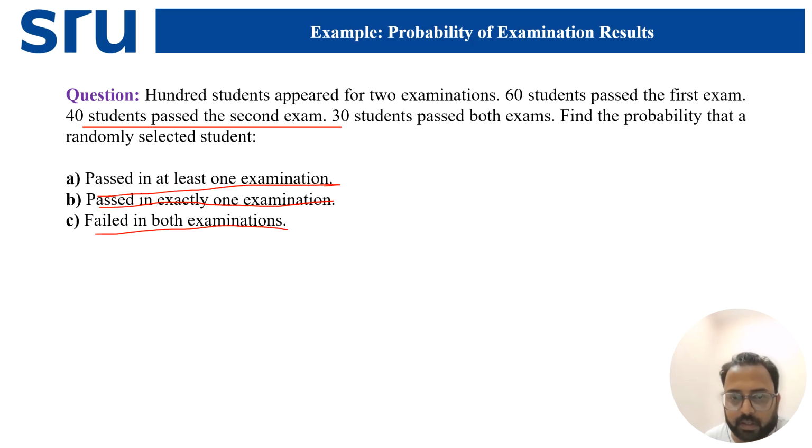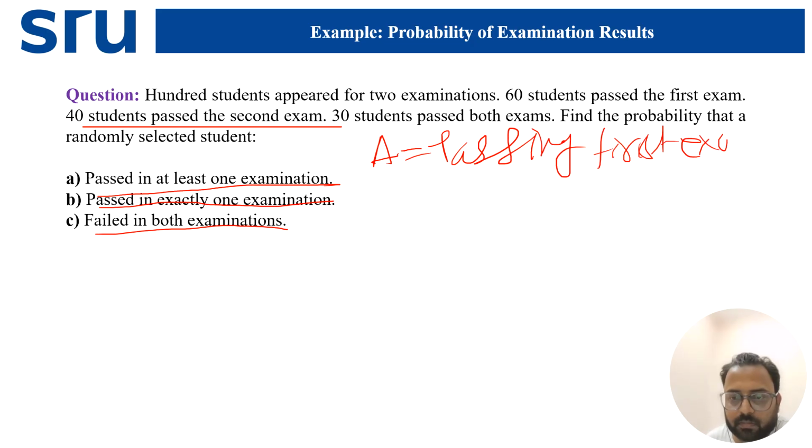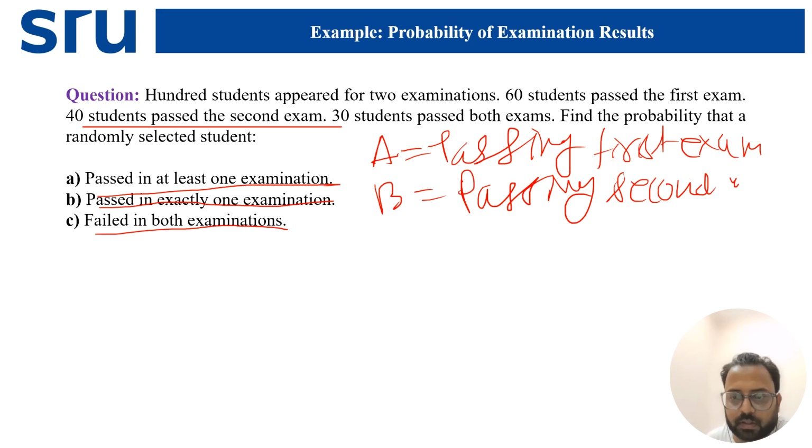Let A be the event passing the first exam, and B be the event passing the second exam.